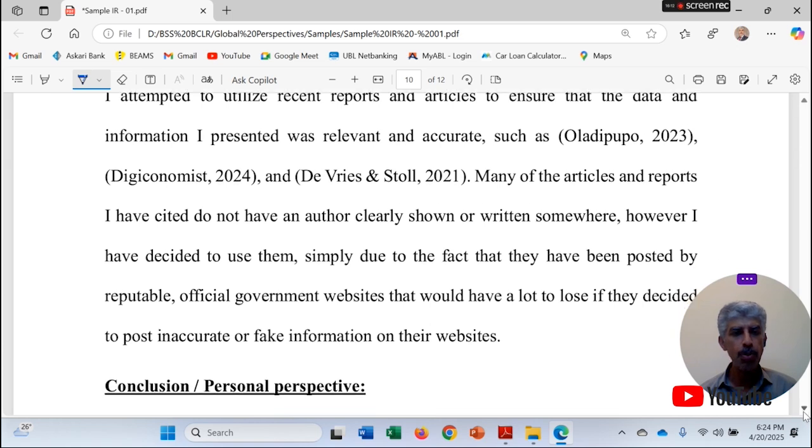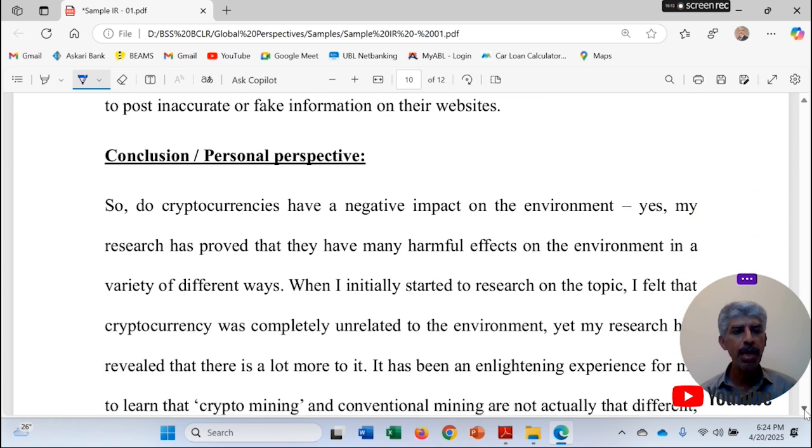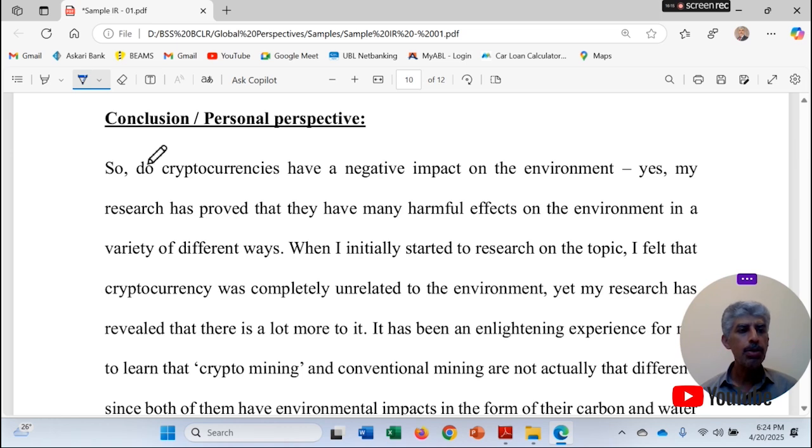And then he has also utilized certain reports, so he has given the reference of those reports over here, and then the conclusion and personal perspective. "So do cryptocurrencies have a negative impact on the environment? Yes, my research has proved that they have many harmful effects on the environment, in a variety of different ways.